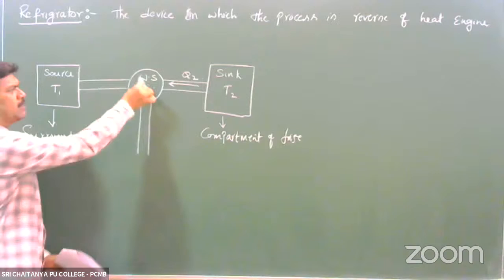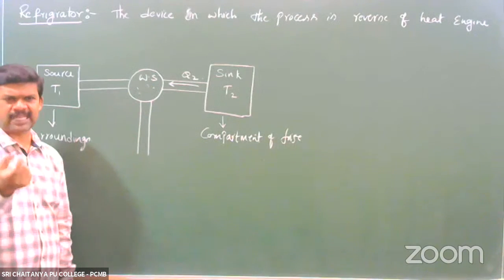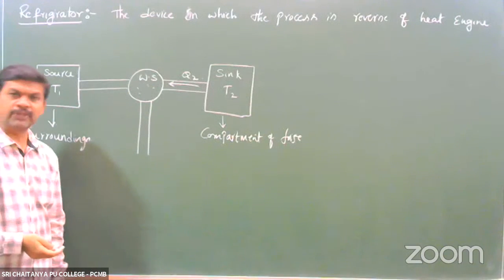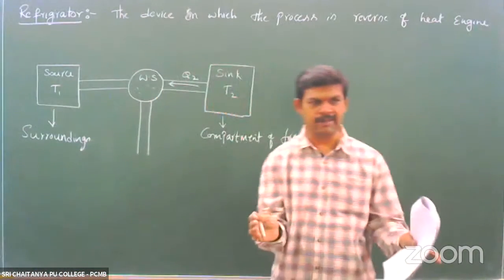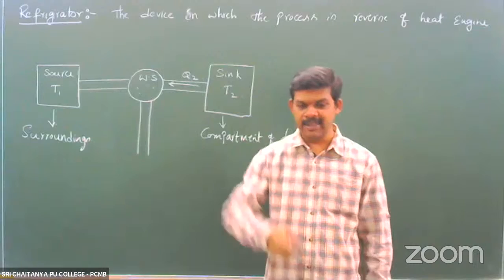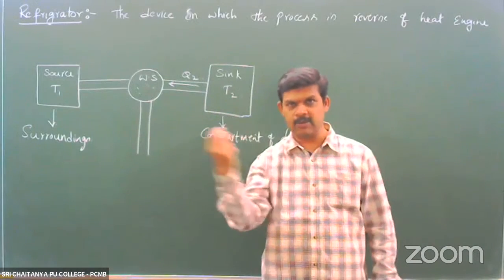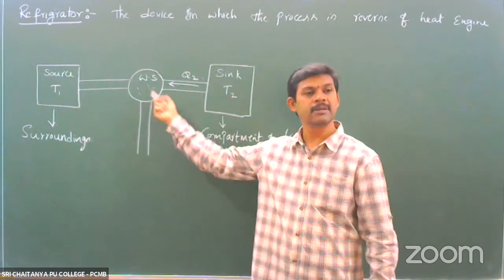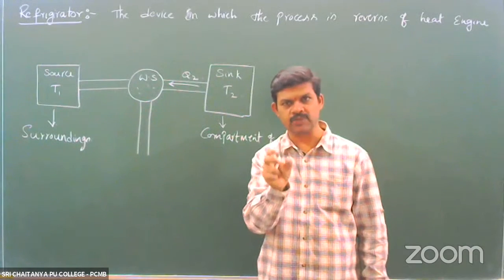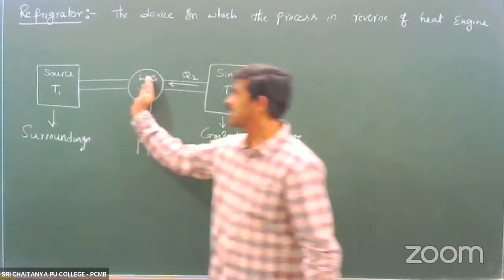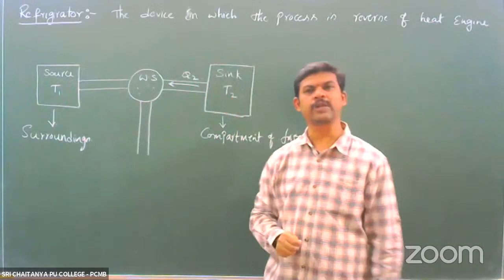So this is some system, some working substance, a gas or something. In the fridge, there is a compressor, a device called compression stage. Whatever heat is taken by this gas, which we call the working substance, it has to give out that heat to the source.